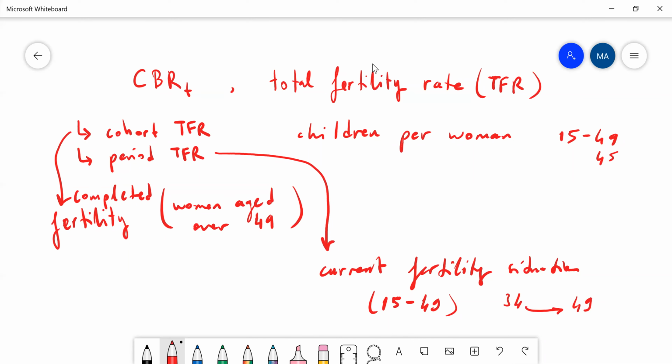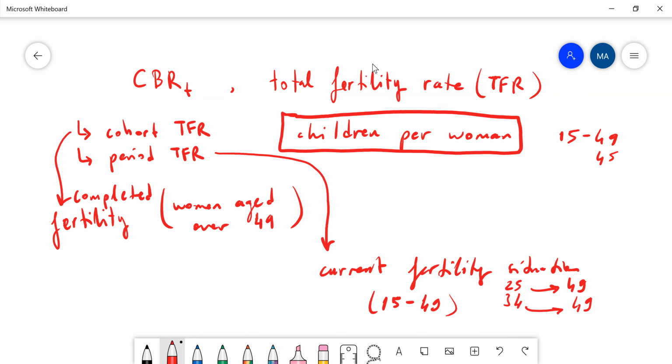Then there's another woman at, let's say, 25. We also assume that until the age of 49, she's going to follow the typical fertility pattern in the country. Then we take that average and we find, once again, a measure of the number of kids per woman.